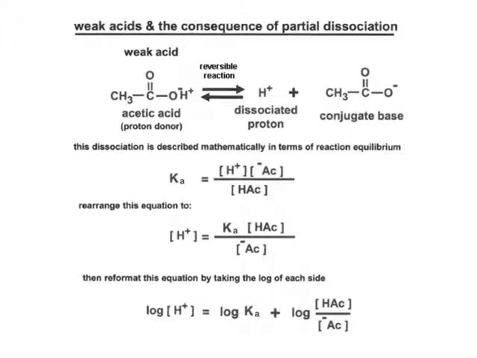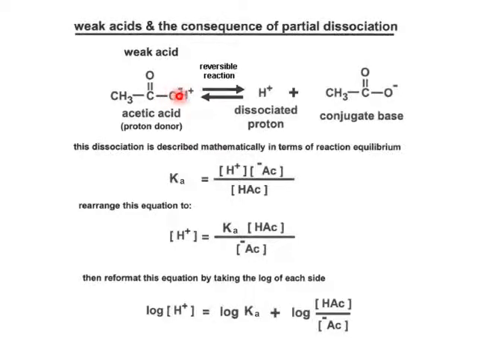So the best way to do that is to consider an example. We'll look at the weak acid acetic acid, and recall that I'm drawing the structure out now, showing you the dissociation of the proton. This is to emphasize the charges.